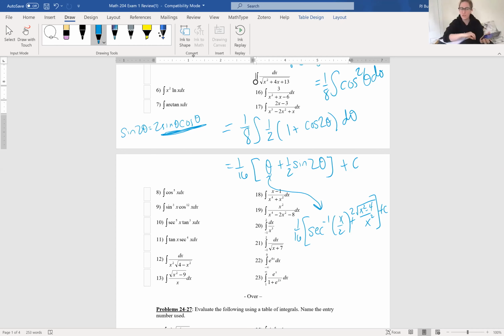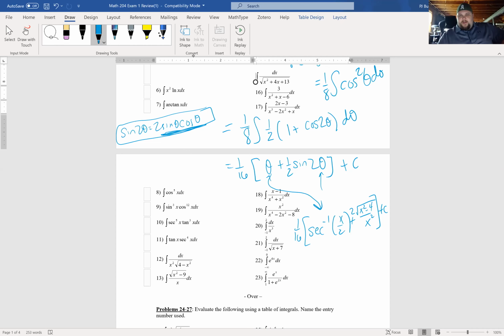What should I have plugged in there instead? Instead of plugging in the inverse secant here, you need to replace sine of 2 theta with this relationship. Okay. Yes, that's where I got confused. I knew to do the theta by itself, so I ended up just plugging it in that other spot too.